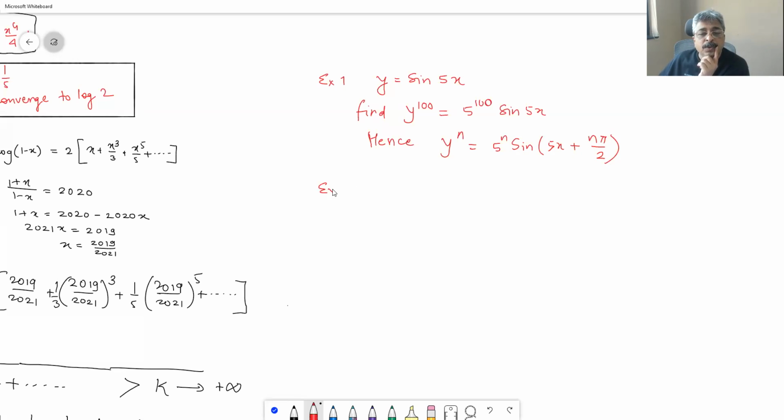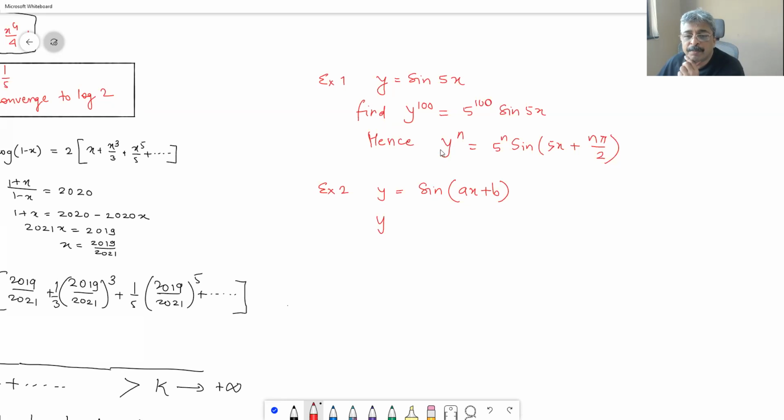Okay, example 2. y is equal to sine ax plus b, where a and b are parameters.